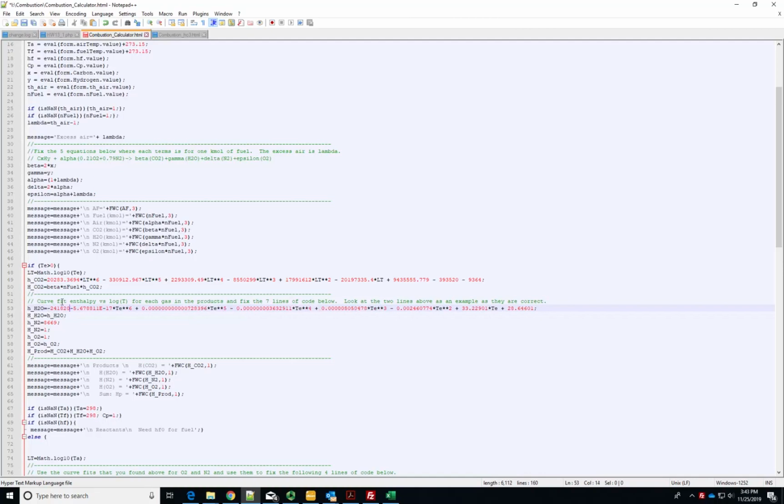And plus minus, so I'll leave that as a minus, so I can do plus in parentheses if I want, just to keep that function straight, and then minus the value at 298 degrees.